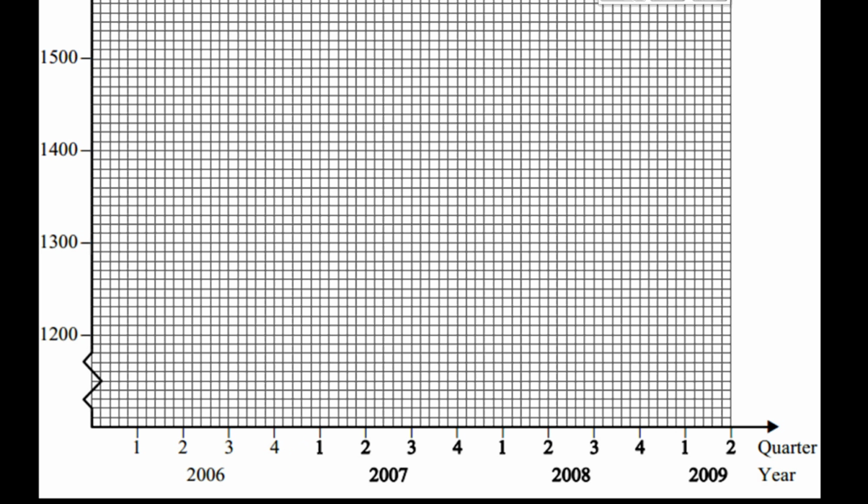Our first moving average covers the 4 quarters of 2006, and the moving average must be put at the midpoint of those numbers, so it will go up the middle of this column. If I was doing this in the exam, I might mark that column just so it's obvious what we're doing.